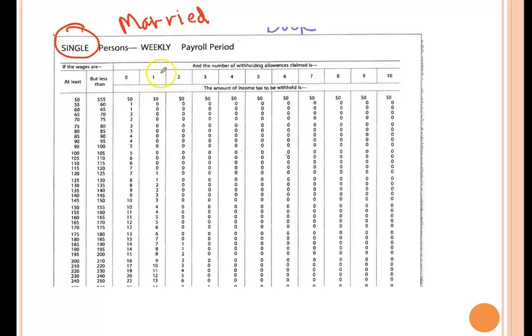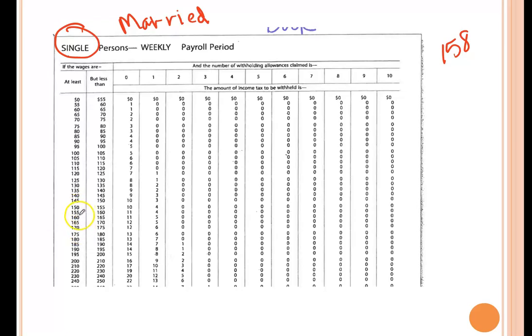So one of the things you will need to read the chart is the number of withholding allowances. The other part is you will need to figure out how much they get paid on a weekly basis. So if they got paid, let's say, $158 as an example, you have to go down here and it has to be at least this much, but less than this much. They couldn't make one row for every number, so they had groups of them.